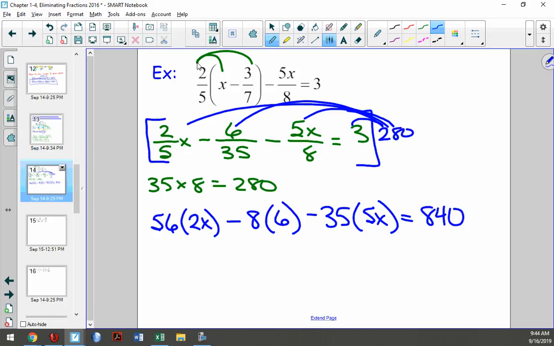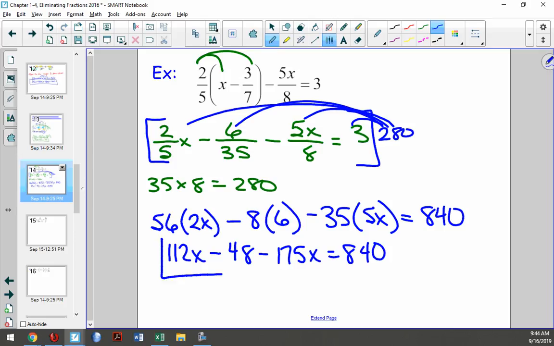Now, they're bigger numbers, but I'd rather deal with bigger numbers than deal with fractions. So 56 times 2 is 112x minus 8 times 6, which is 48, minus 35 times 5, which is 175x is equal to 840. No fractions, no decimals, no parentheses.